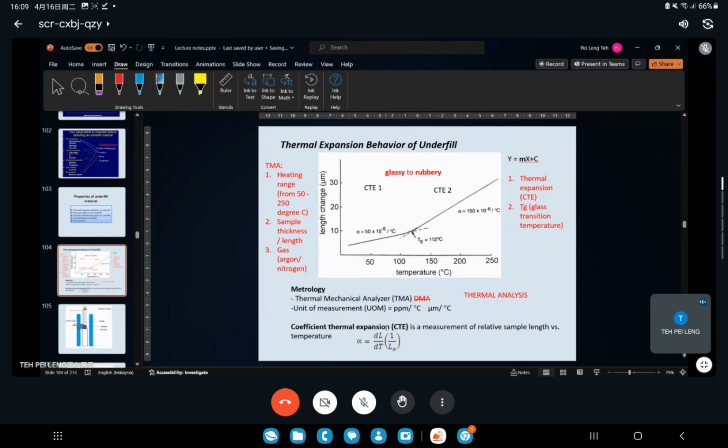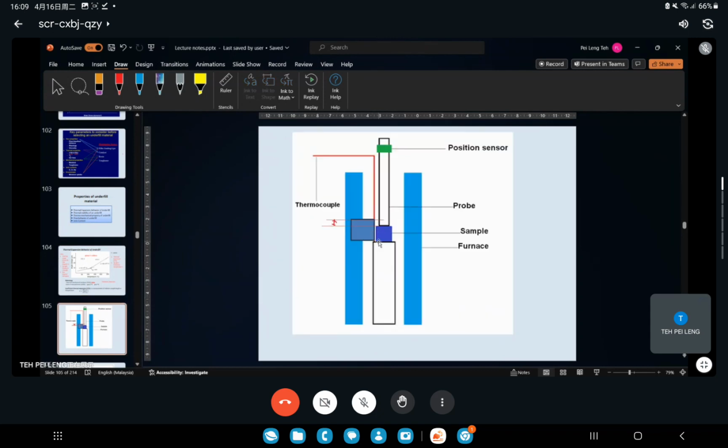Why further up? So you see here, the intercept is your Tg. The Tg that you got from DMA and the Tg you got from DSC are different. They are not going to be the same, but the range will be almost there, not exactly the same, because of different modes.